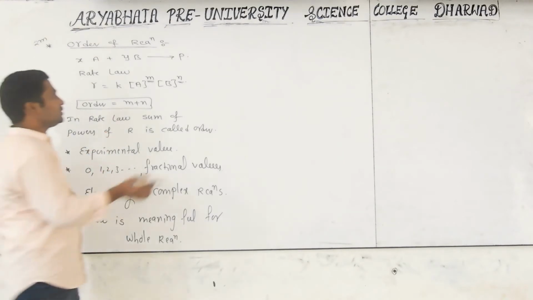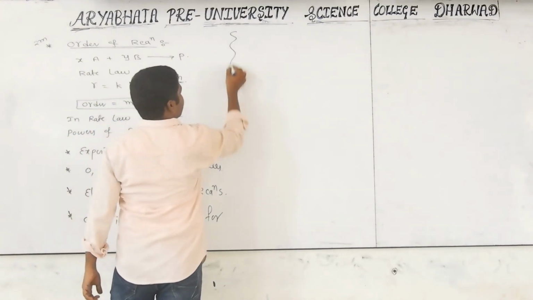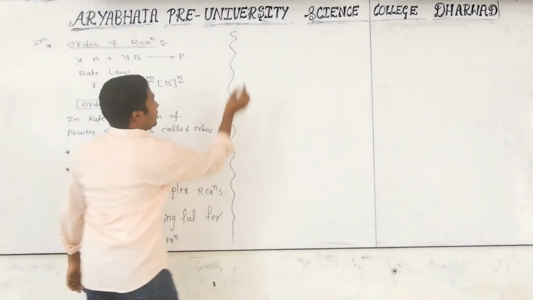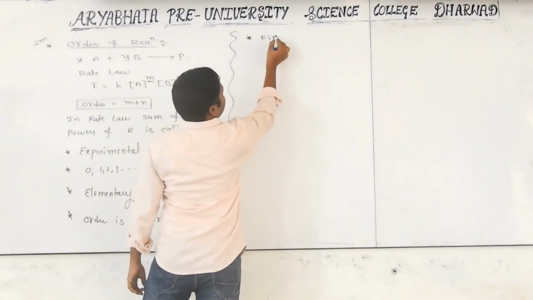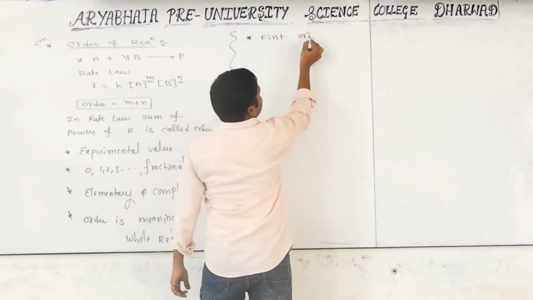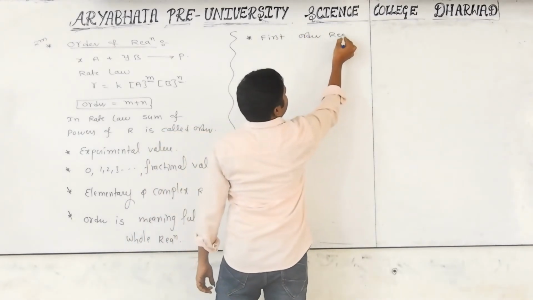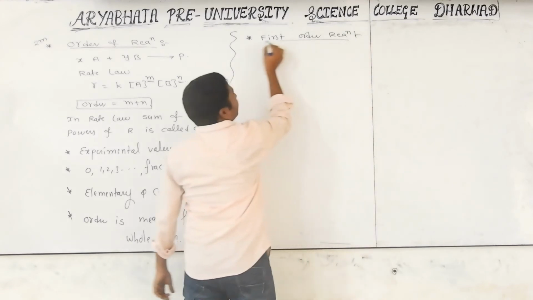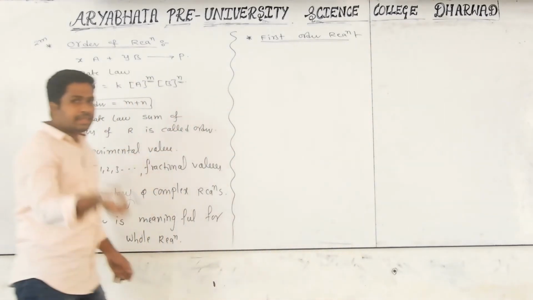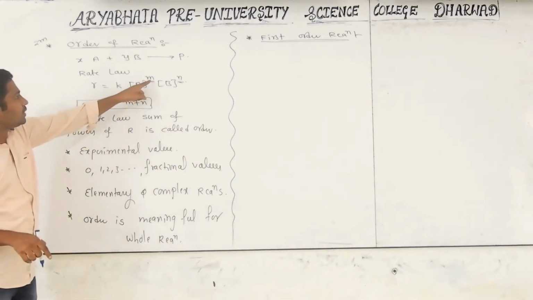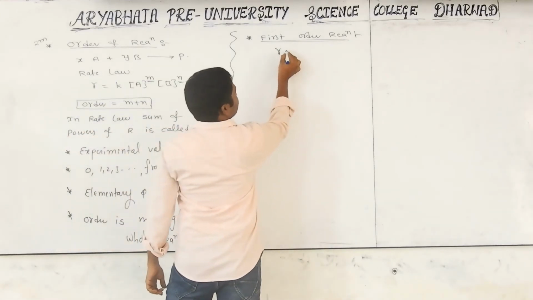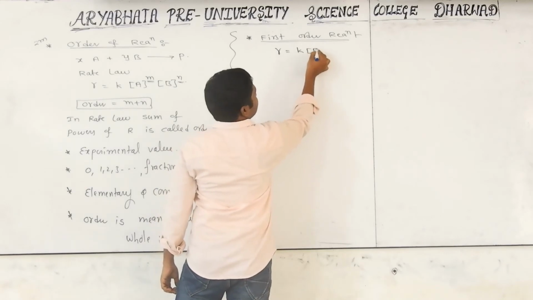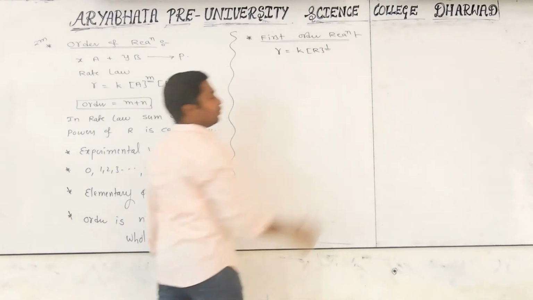Once again, see some important information here. First of all, I will give you an example for the first order reaction. What is the meaning of first order reaction? In the rate equation, the power of the reactant is 1, that is, R equals K into concentration of the reactant power 1.